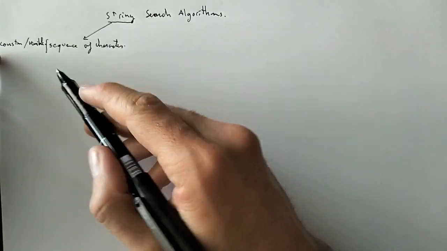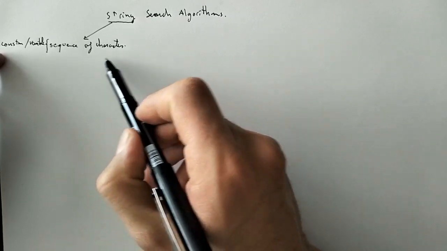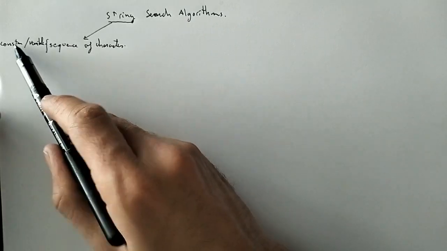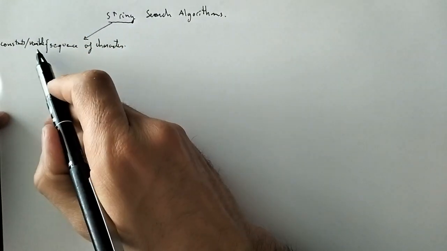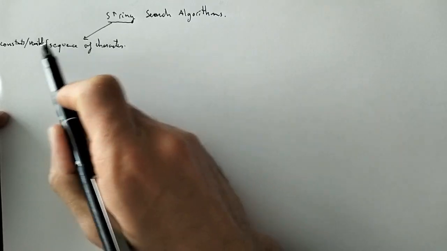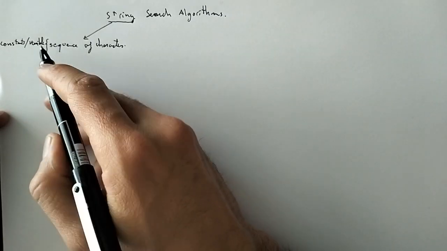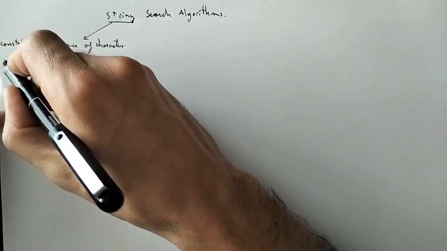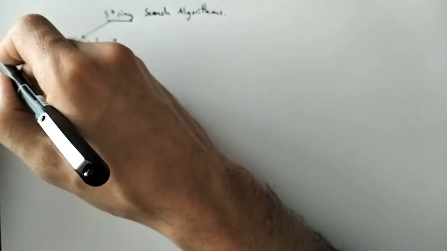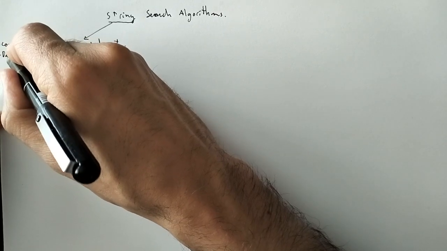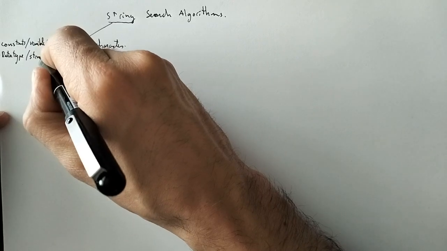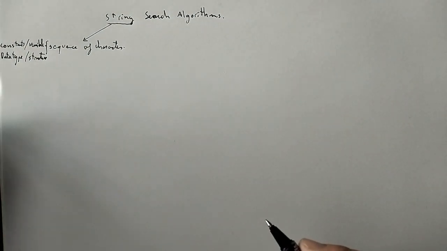If we make a link between this concept and programming in general, we can have constants and variables, and a sequence of characters can be a constant or a variable. And the other thing is that we can relate these strings to a data type or structure, a data structure. So it will be similar in this case.